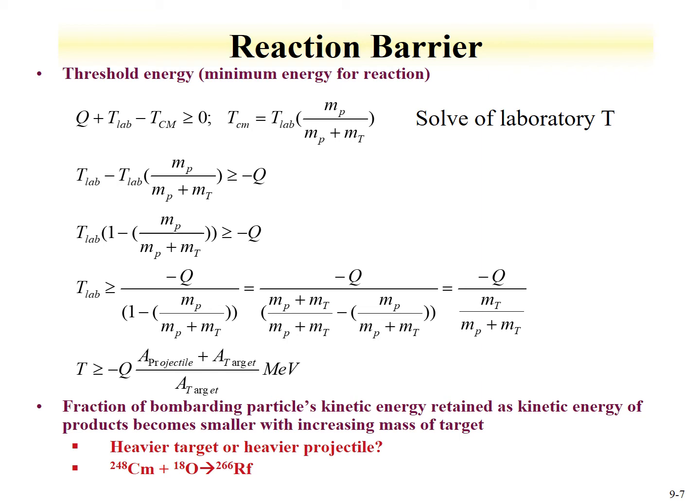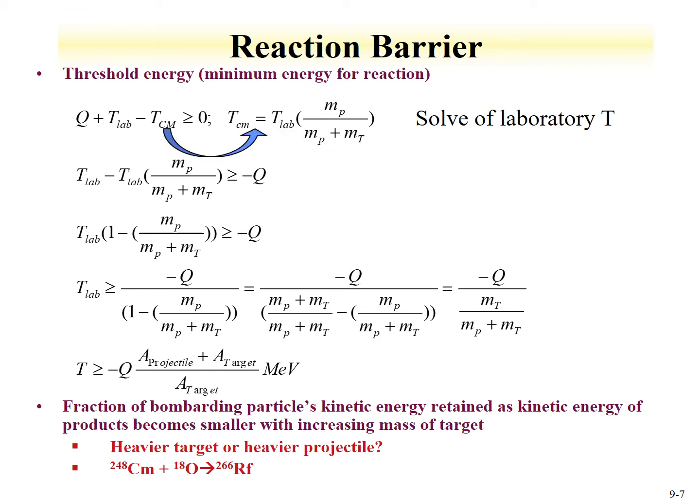The equations we just evaluated can be used to determine a threshold energy for a reaction, so the minimum energy that's necessary for the reaction to occur. We have this relationship where the Q value plus the kinetic energy of the lab minus the kinetic energy of the center of mass has to be greater than or equal to 0. We can solve for terms related to the relationship between the center of mass, the kinetic energy, and the laboratory kinetic energy.